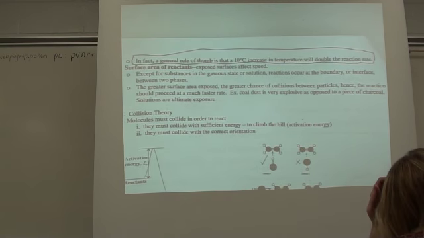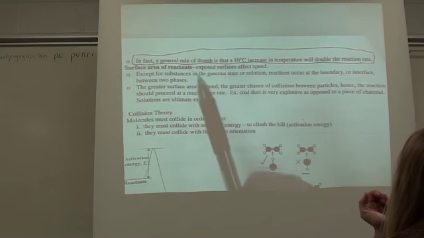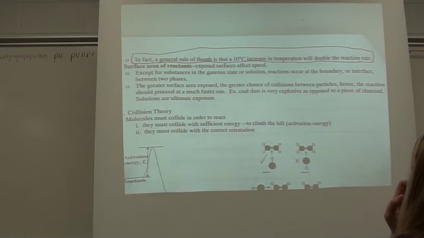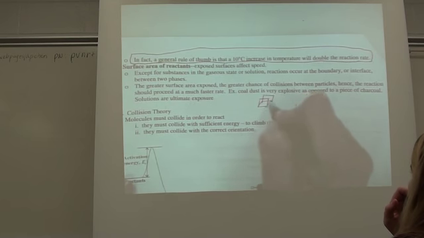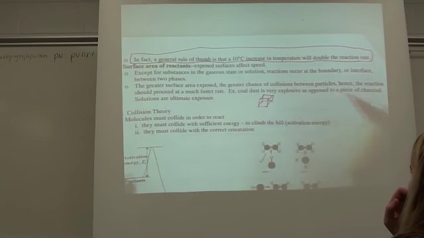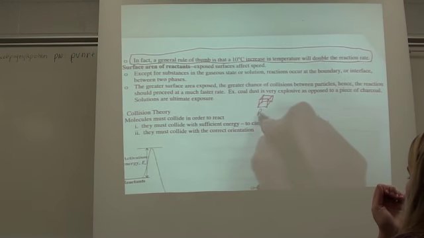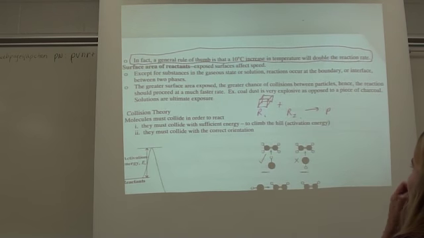All right. Another thing that we'll talk about is the surface area of a reactant. The exposed surfaces will affect the speed with which a reaction occurs. Here is a cube of some reactant. We'll call it reactant 1, and it needs to react with reactant 2 in order to make a product.